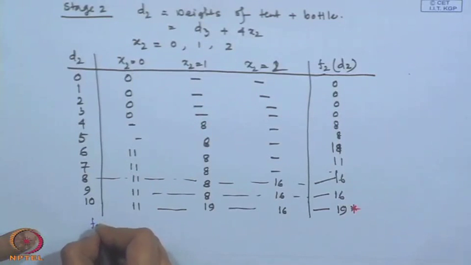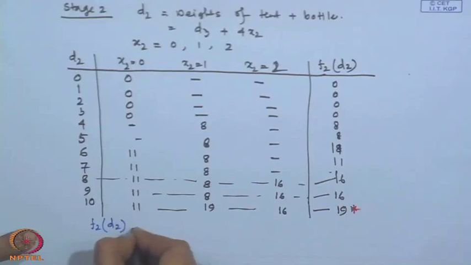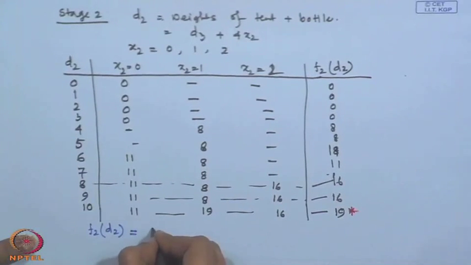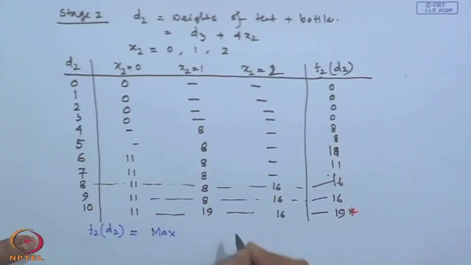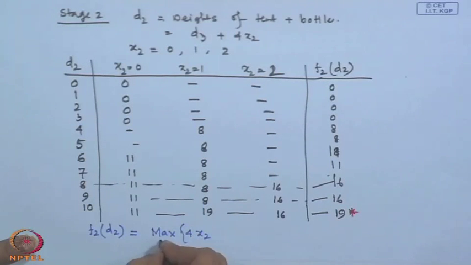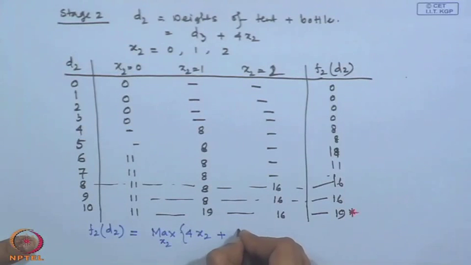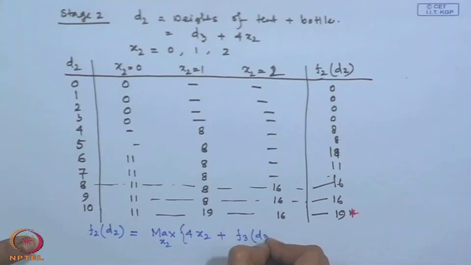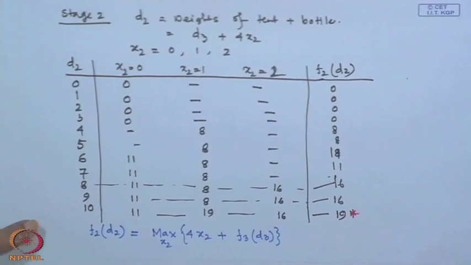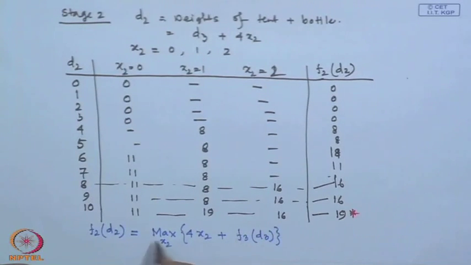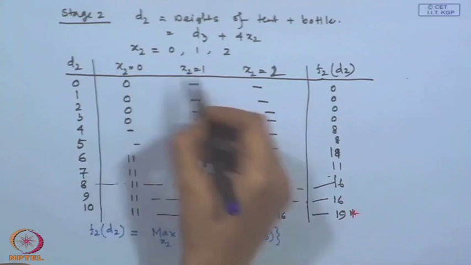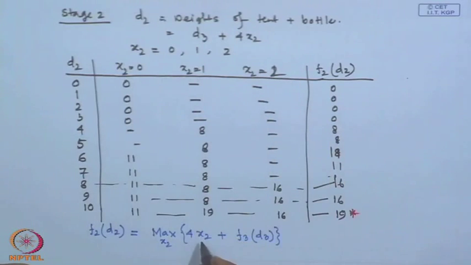We can say that F2 D2 equal to maximization of 4x2, all right, plus F3 D3 clear, and over x2 could be 0 or 1 or 2, maximum value is coming 8, plus F3 D3 just now we have calculated that was 11.